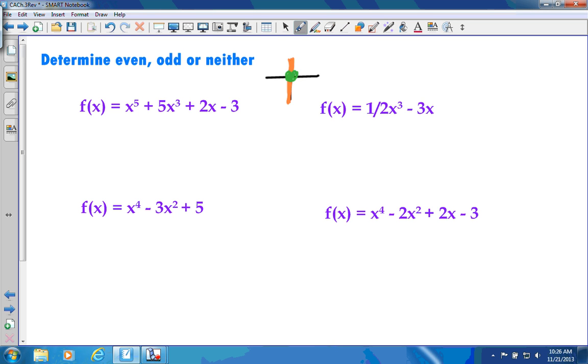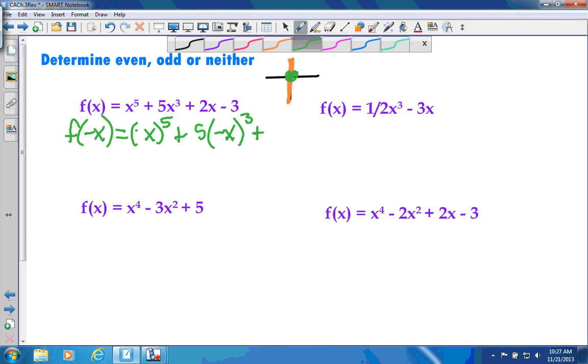To actually determine it algebraically, you have to figure out what f of a negative x is, and also what f of the opposite of f of x is.